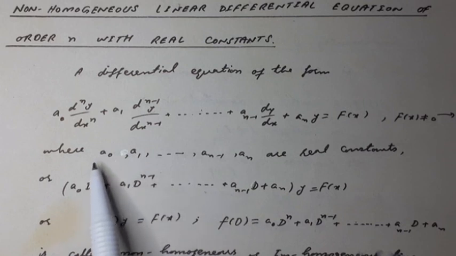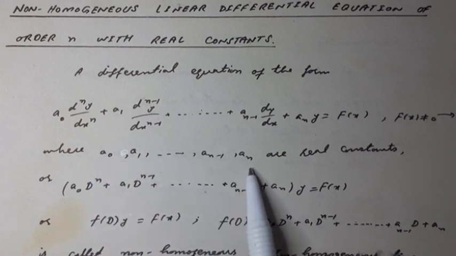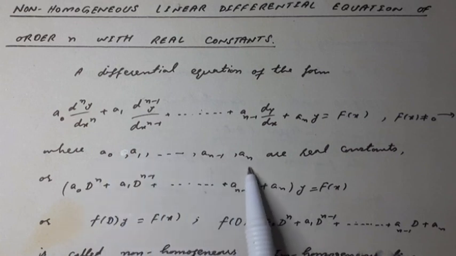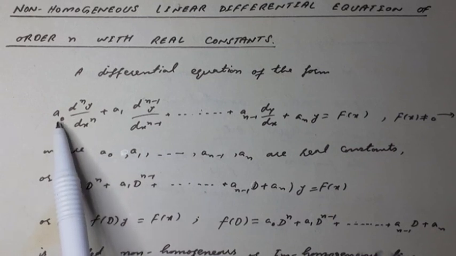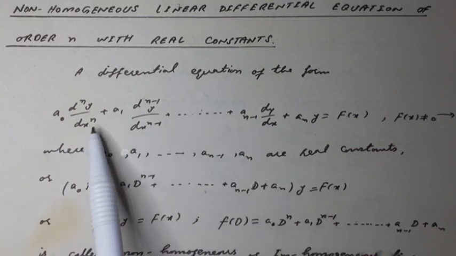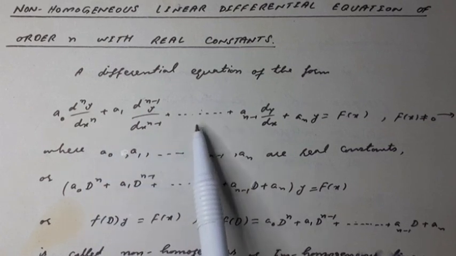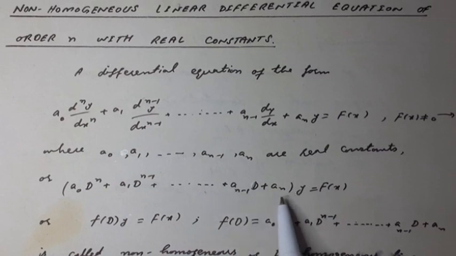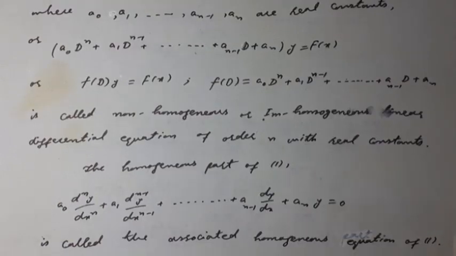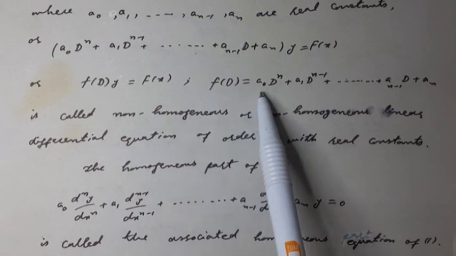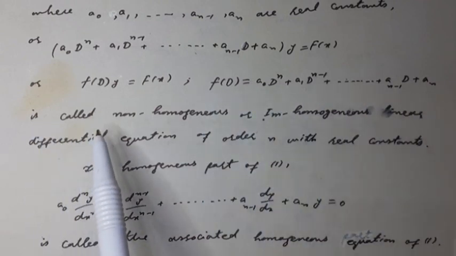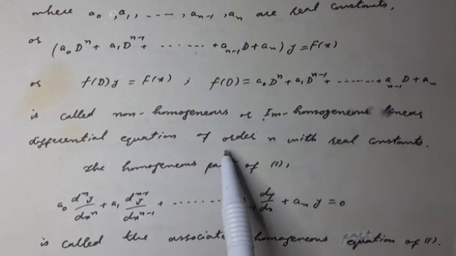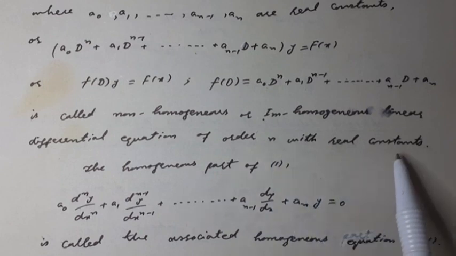If these are not real constants and each may be a function of x, then this differential equation is called a non-homogeneous linear differential equation with variable coefficients, and it can be written as shown, where f(D) as shown is called a non-homogeneous or inhomogeneous linear differential equation of order n with real constants.